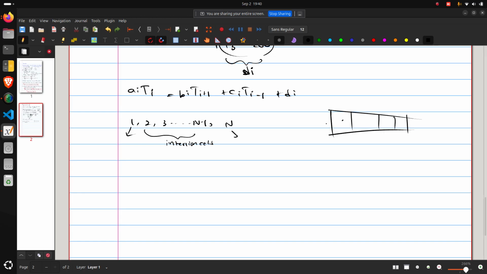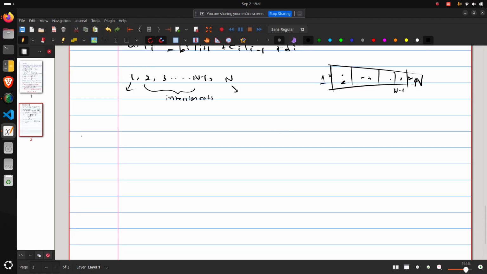So this will be 1, 2, 3 like this, and 4, n minus 1 and n. Now say we have a Dirichlet boundary condition where T1 is equal to say 100 Kelvin, a boundary value specified here, and say Tn is 300 Kelvin.